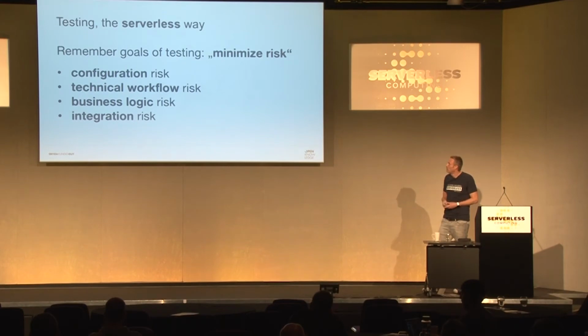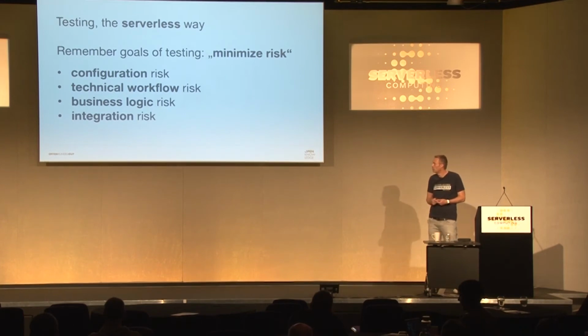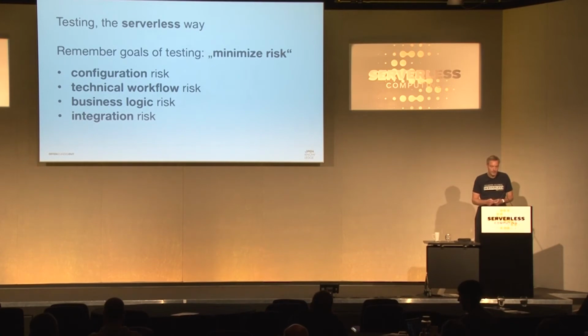And when it comes to minimizing the risk, we can group the risks we saw before. We have something like configuration risk, which means our databases and database tables are set up and configured correctly. Do I have the corresponding permissions to access my cloud infrastructure?